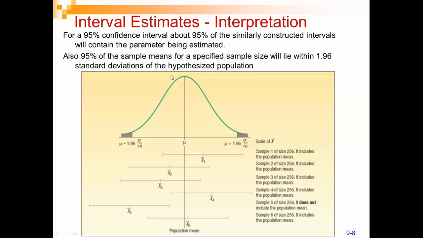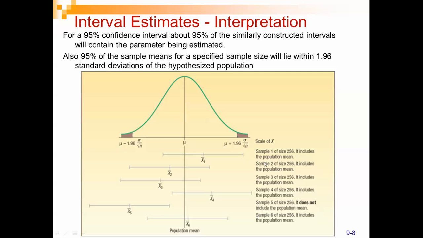In our depiction, we have the plot of a population distribution with our mean, or our mu, right here in the center. So for a 95% confidence interval, about 95% of the similarly constructed intervals will contain the parameter being estimated. So let's walk through that a little bit. Sample 1, we take a sample of size 256.